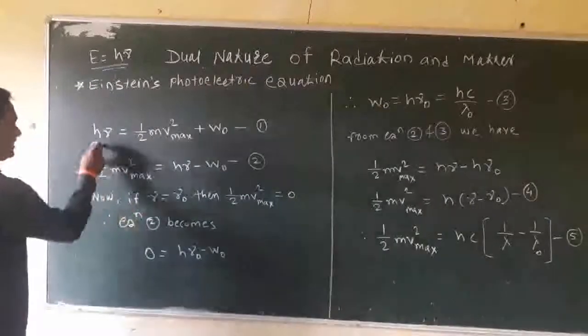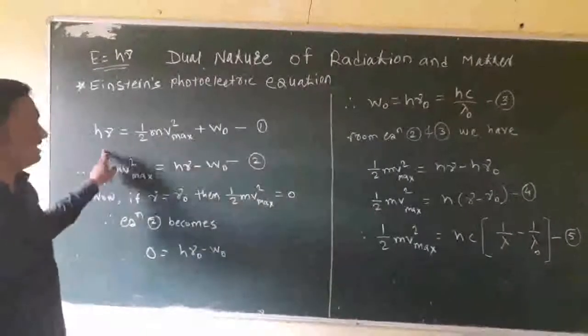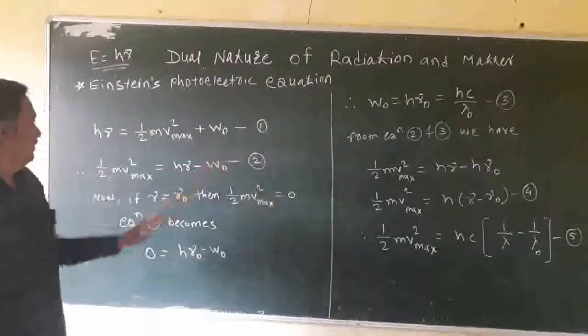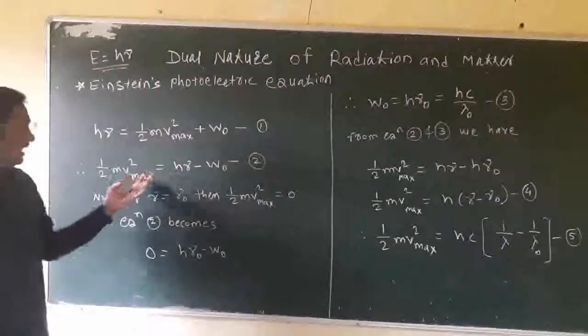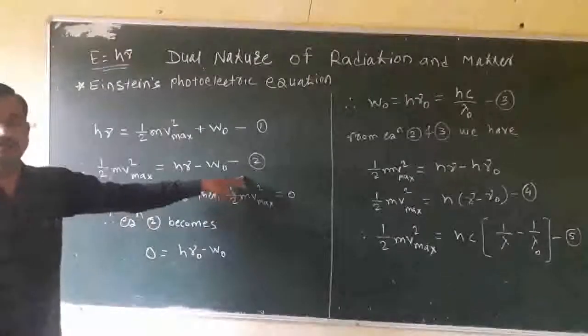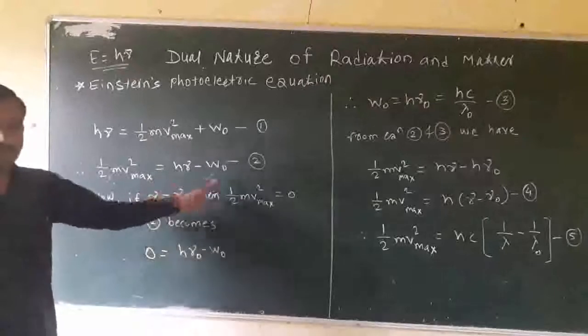So h nu equals 1/2 m v square max plus W0. Total energy is used in two ways. Therefore, we write equation 1 simply as 1/2 m v square max equals h nu minus W0.